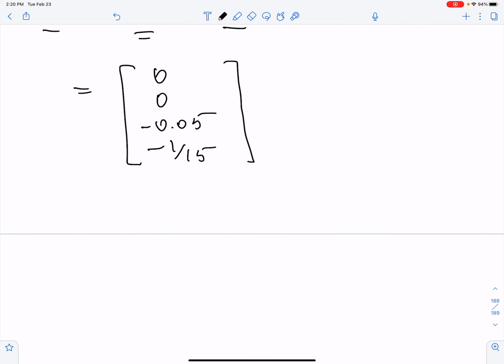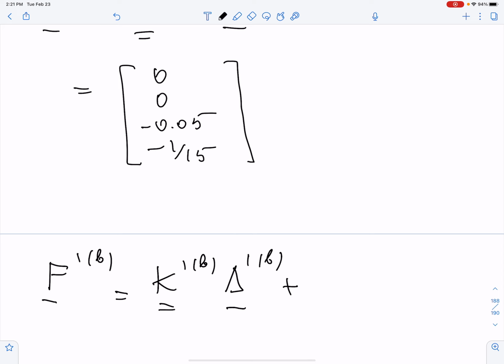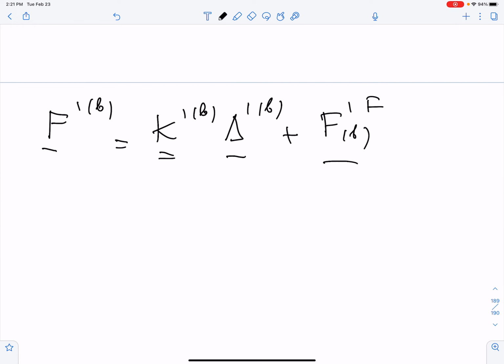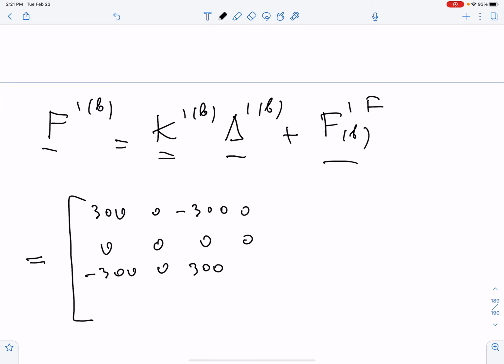Then I compute F prime B, the vector of forces in the local coordinate system, by taking K prime B, multiplying by delta prime B, and adding F prime F for element B, okay? Right. And so what I find here is, remember, the local matrix was like this, 300, 0, minus 300, 0, 0, 0, 0, 0, minus 300, 0, 300, 0, 0, 0, 0, 0, okay?